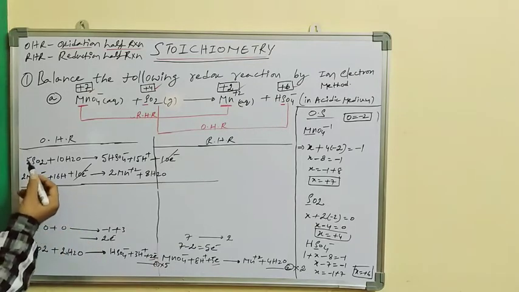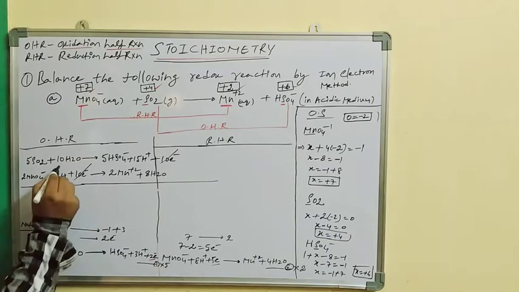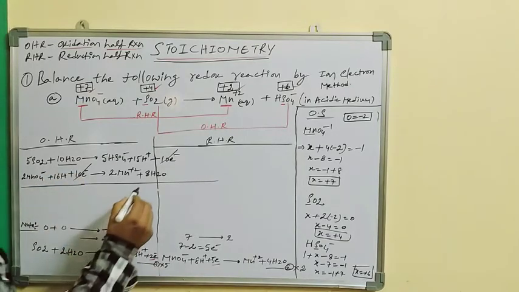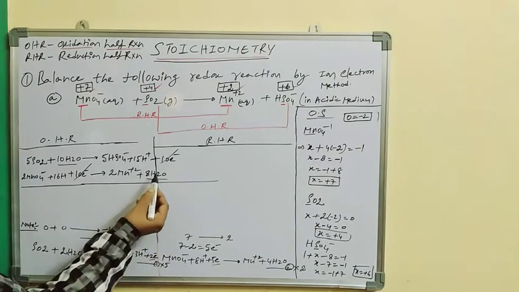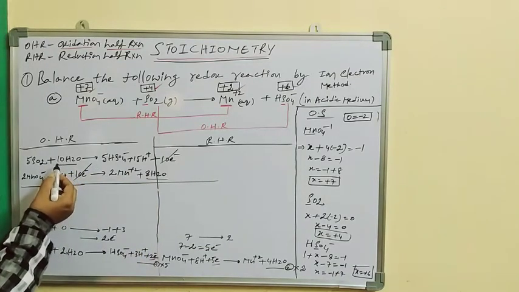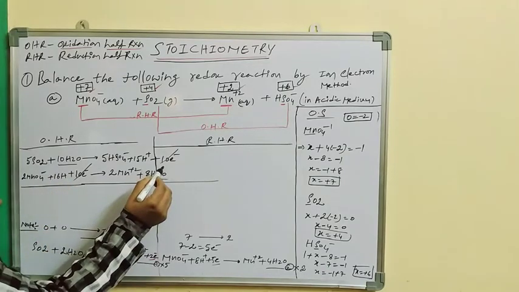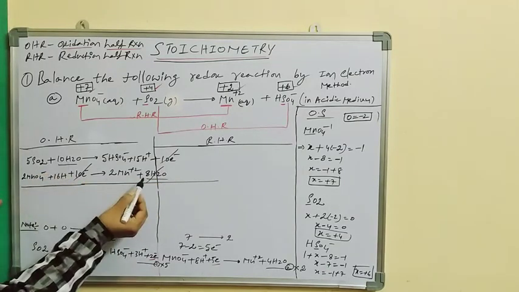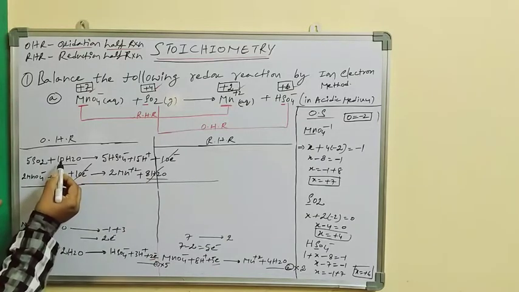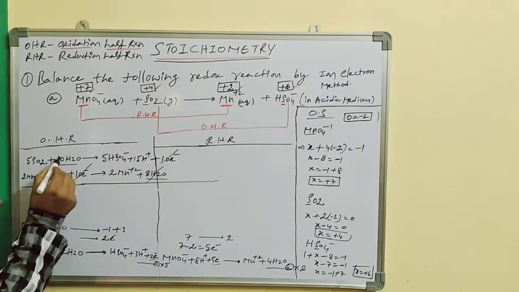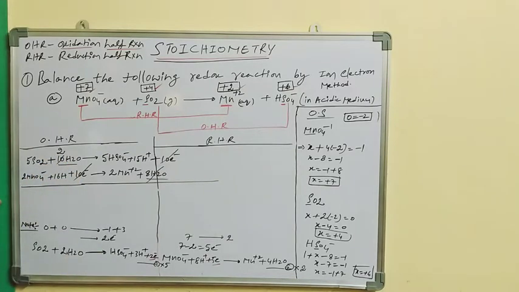So here 10 H2O, here 8 H2O. This 8 H2O we can subtract from the greater number of water molecules. So 8 water molecules we subtract from 10 water molecules. How much do we get? 2 water molecules.